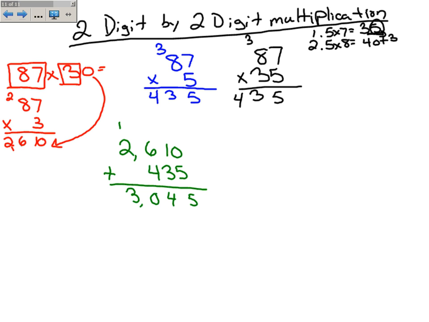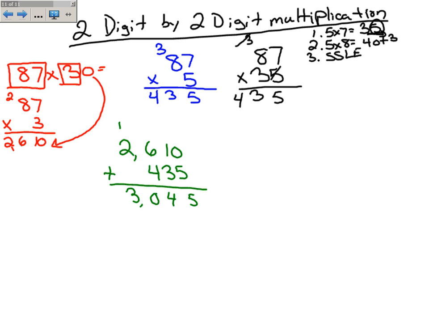So basically what we did was we blocked out that 3 for a second, and we multiplied 87 times 5, and we got a product of 435. Okay? Next, we're done with that 3. We're done with that 5. And the next thing we're going to do is multiply 87 times 30.